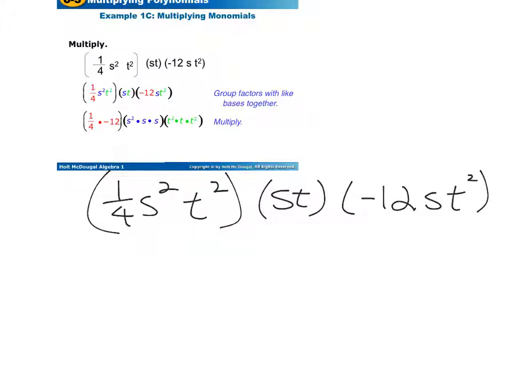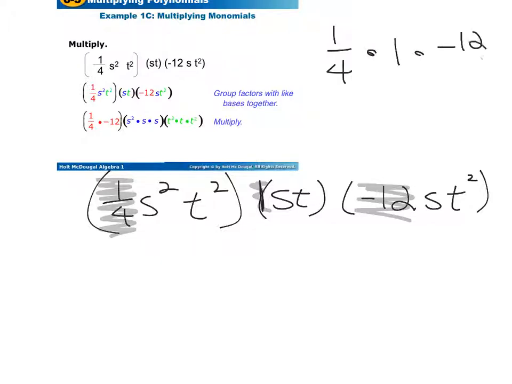So what we're going to do here is multiply all of the coefficients. So I'm going to multiply 1/4. This has got an assumed 1 here. Times -12. When I multiply positive 1/4 times 1 times -12, I can put them all under 1.